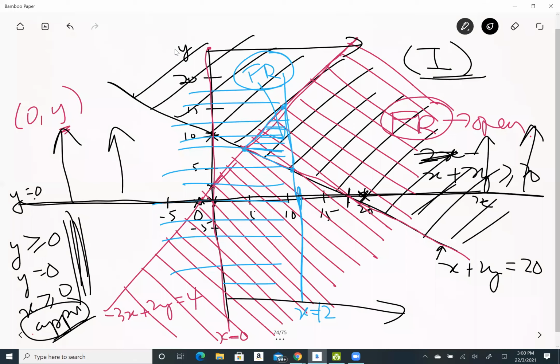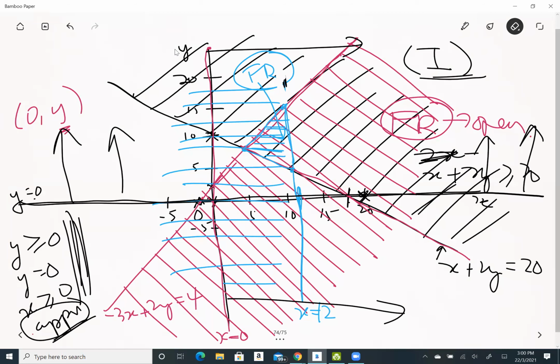So if you go back to our example, if you take into account x bigger or equal to 0, y bigger or equal to 0, then I exclude the line x less or equal to 5.